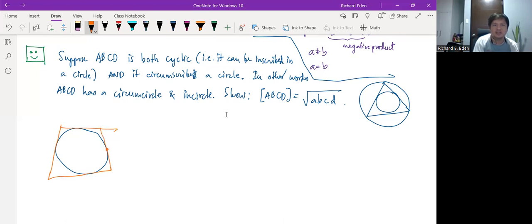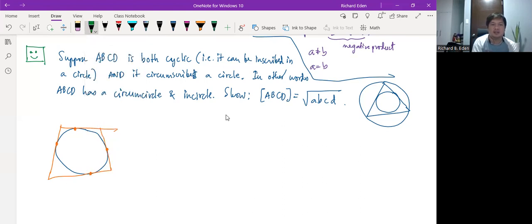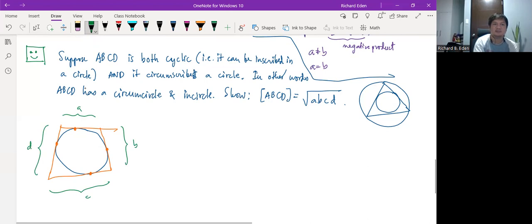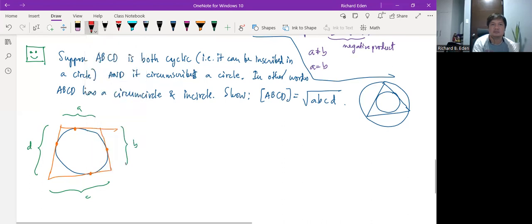These are the points of tangency. Let's say these are A, B, C, and D. However, if this is X, that also is X. This is X too, right?